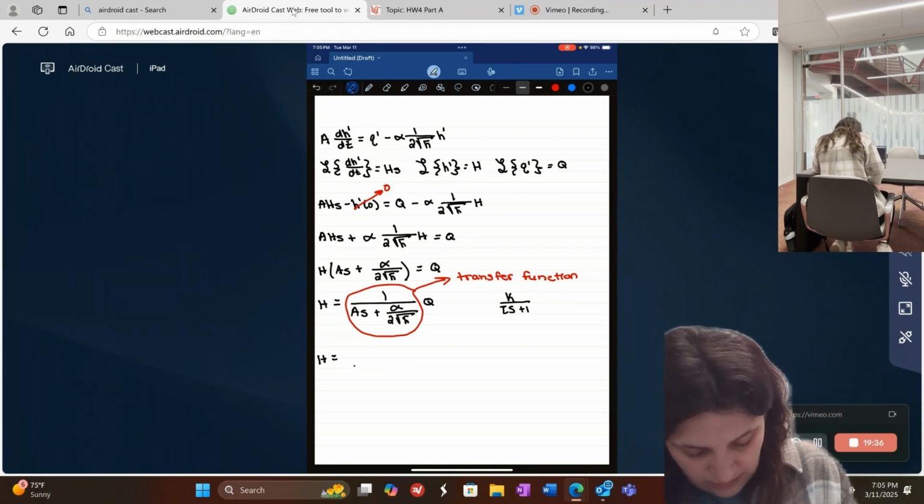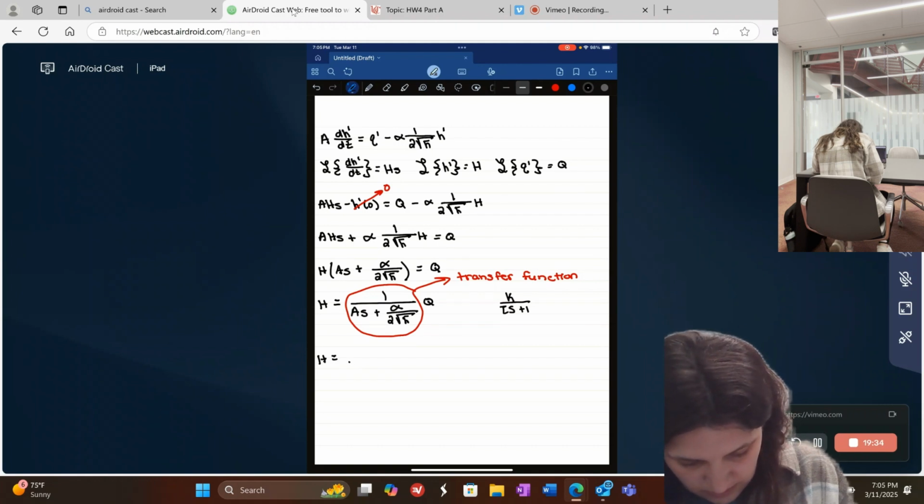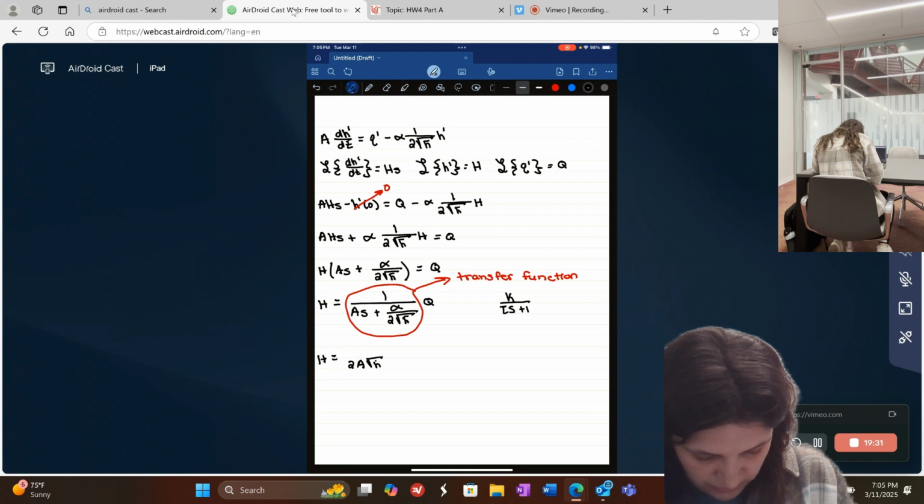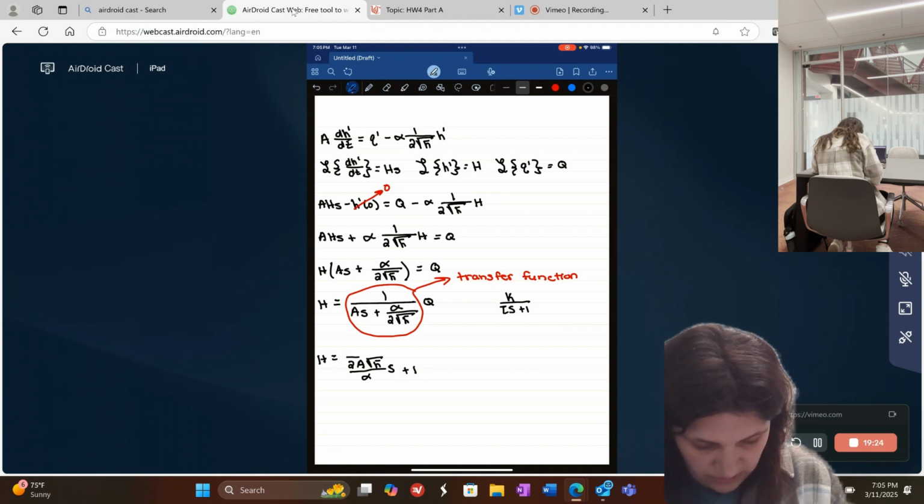And so we end up with 2A times the square root of h bar over alpha times s plus 1 in the denominator.